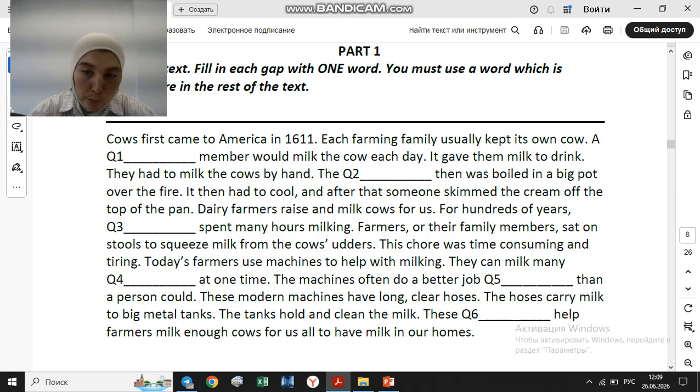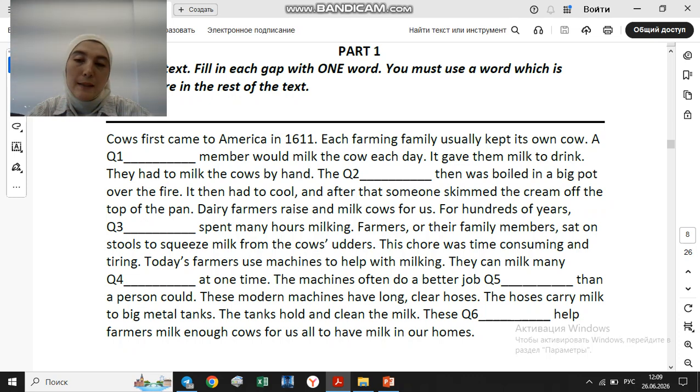Cows, no, the grammar structure does not suit here because the verb is given in singular, but cows is plural. We can't use the article because we have already yesterday and milk. So the milk was then boiled in a big pot over the fire. Yes, that is the word.